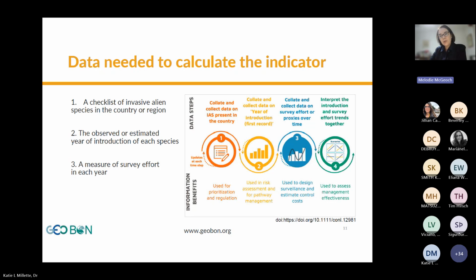In addition to using this as an indicator, these sorts of graphics can be used to assess management effectiveness and not only policy effectiveness. So the take-home message is these 3 variables or types of data on invasive alien species have broad and deep value for both policy and management. Next slide.